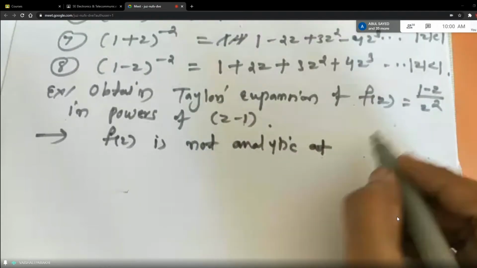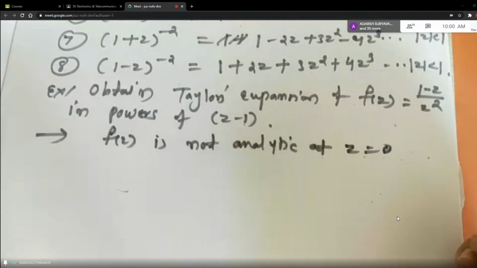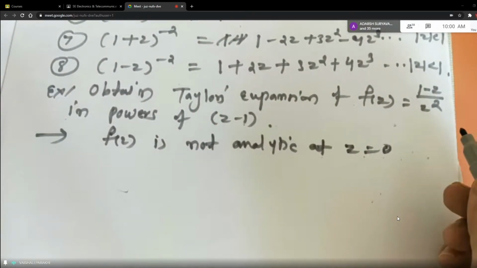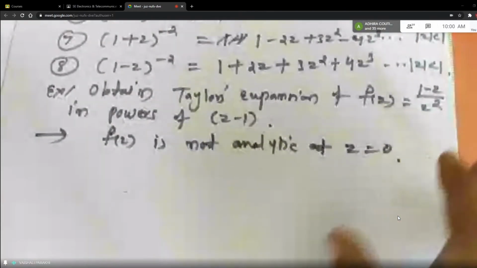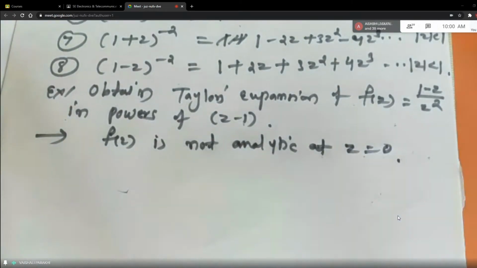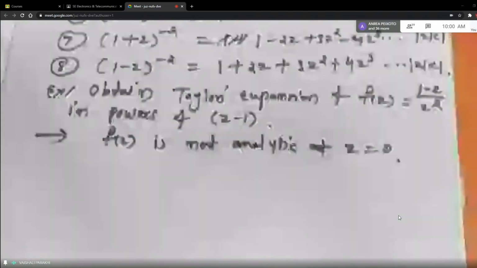When you equate denominator to 0, what you get? Z equal to 0, right? Z square equal to 0 means z is equal to 0. And how you get it? By equating denominator to 0. So all of you understood what I did first? Equate the denominator to 0 and say that whatever value of z you get, the function is not analytic at that particular point. Z equal to 0 is nothing but your origin, students, because x plus iy is equal to 0. So x is 0 and y is 0.